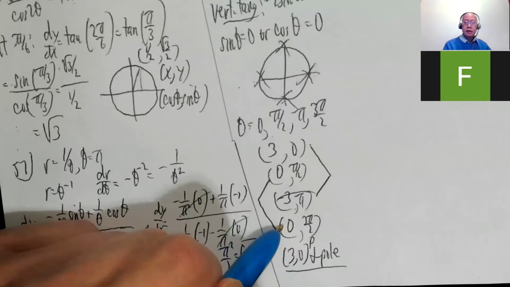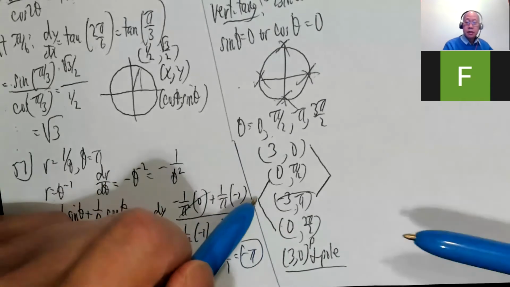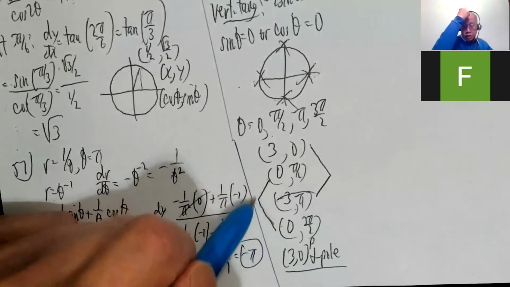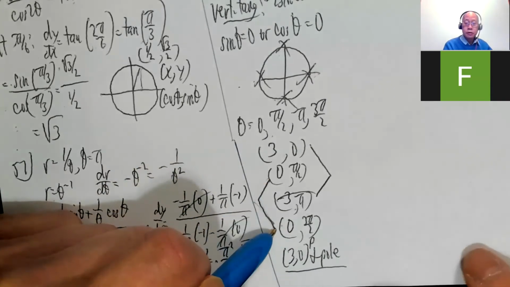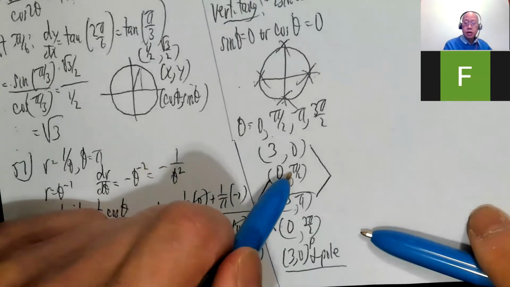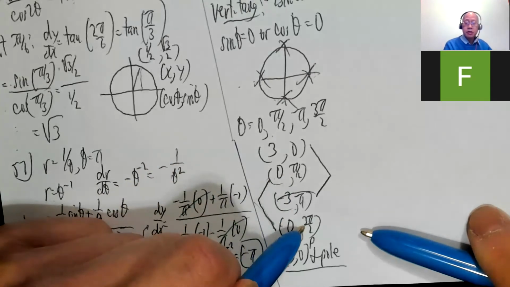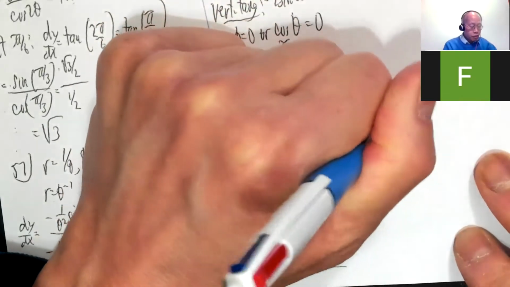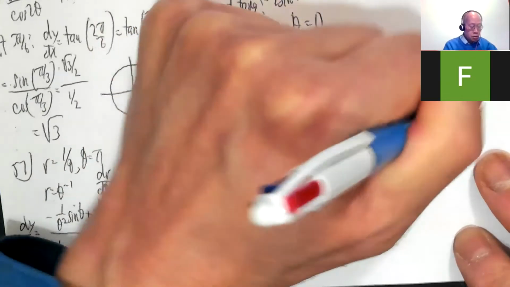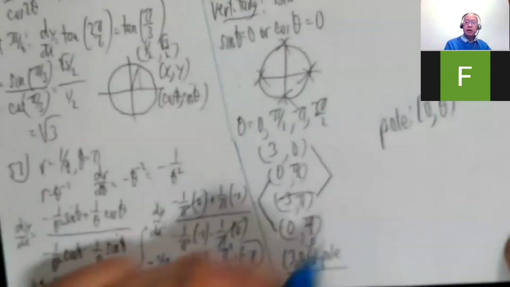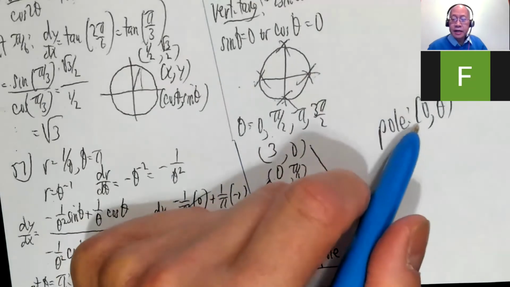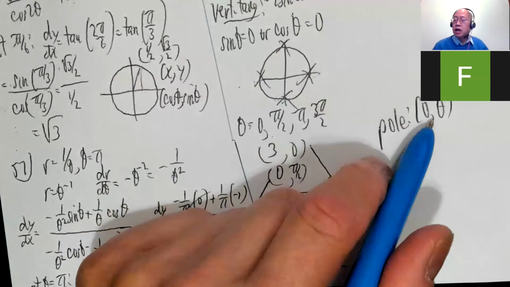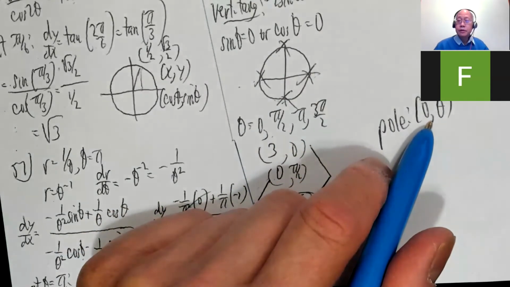Okay, all right, same game. These two marks both represent the pole, the origin. 0 comma pi over 2, 0 comma 3 pi over 2, that's the same thing. It's the pole. In fact, for the pole, you can write in general 0 comma any angle that you want.